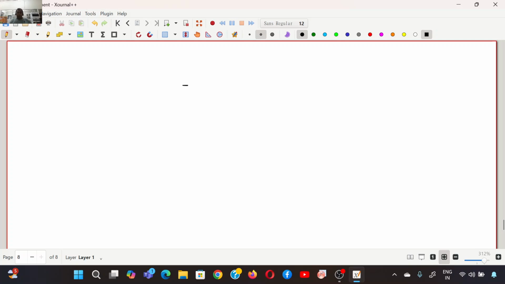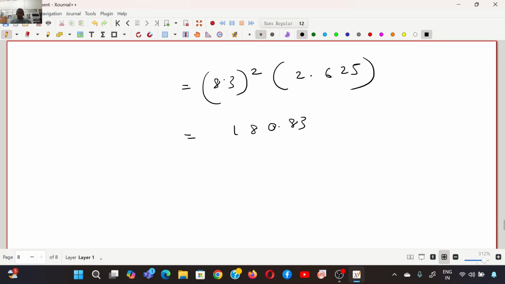I is 8.3 ampere now. 8.3 square into 2.625 is equal to 180.83 watt. That's Q.